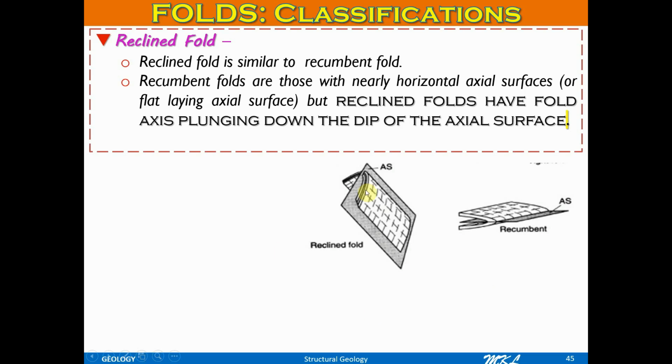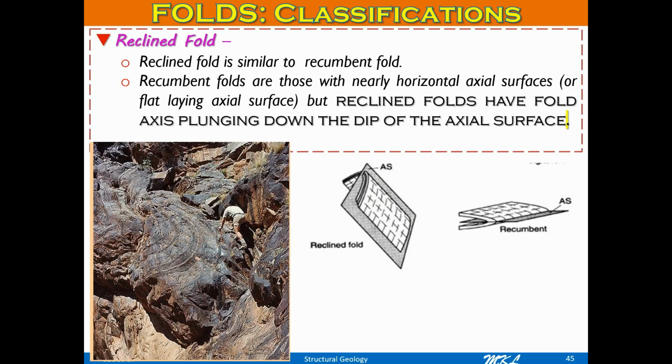If I refine this, the hinge line is dipping along the axial plane. That type of fold is called the reclined fold. So this is an example of the reclined fold. The entire axial plane is dipping this direction, and the axis is also dipping, or not dipping, plunging. Plunging should be the accurate word.